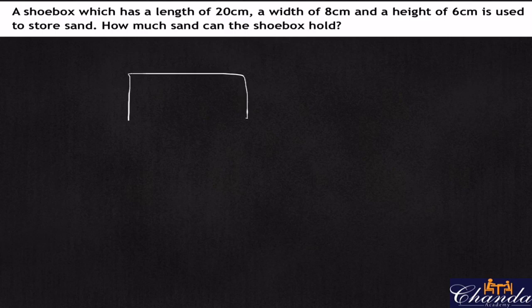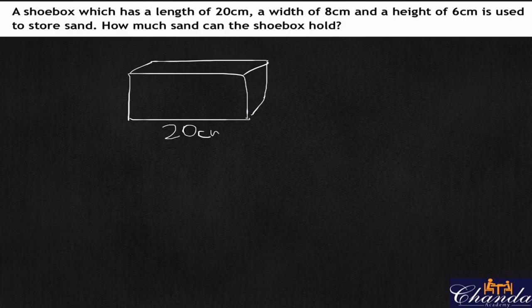So this is a rectangular prism, as we can see, because it says it's a shoebox with a length, width, and height. Now, how much can the shoebox hold? When we say how much a shoebox can hold, we are implying that we need to find the volume. Now, the volume of this particular rectangular prism is simply length times width times height.